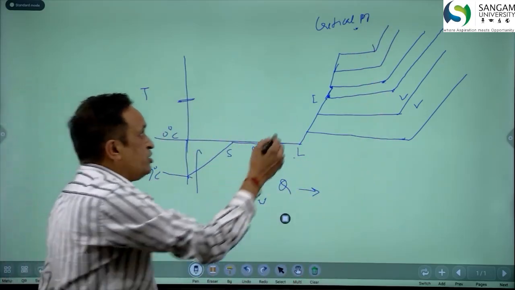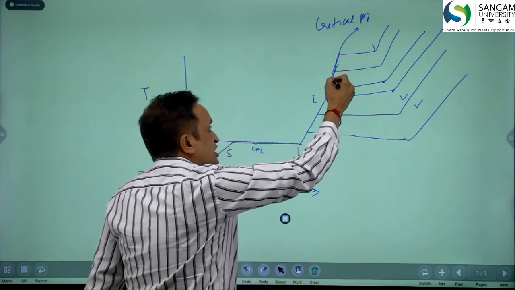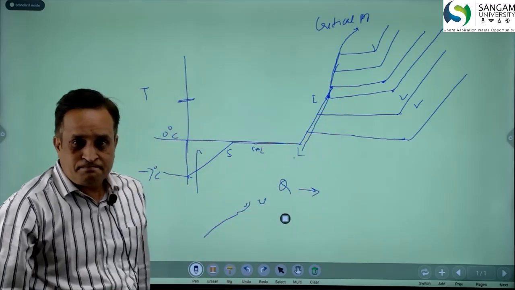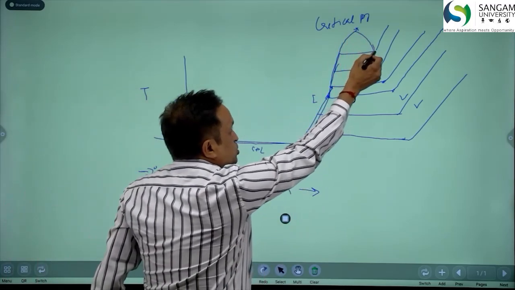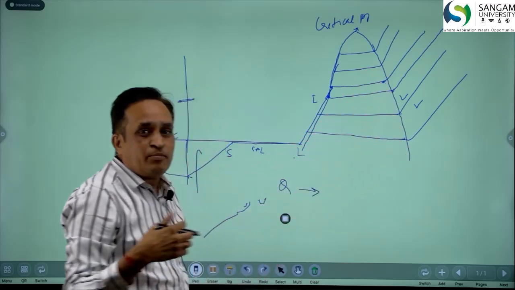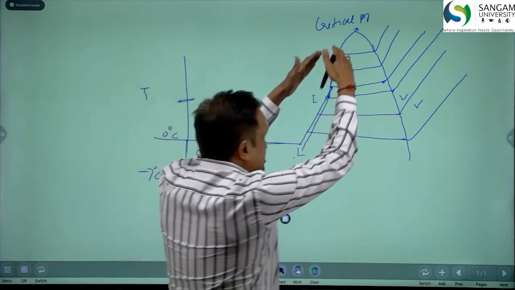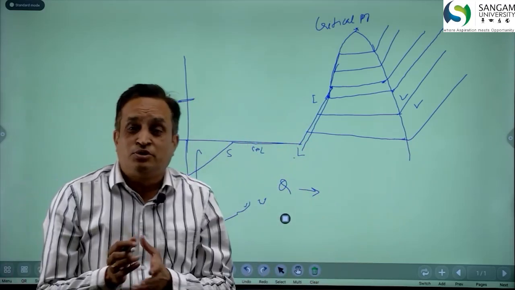Now I am going to do one thing. I will join all the points at which the vaporization started by a single line, and all such points at which it completed the phase change, that is, the complete liquid was converted into vapors. So I get something in the shape of a bell shaped curve, that is nothing but the saturation curve.